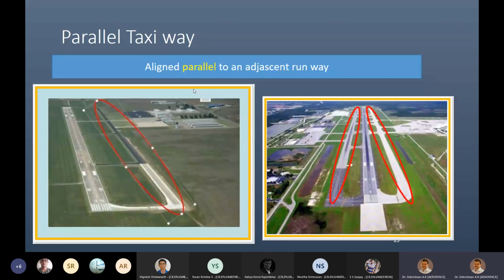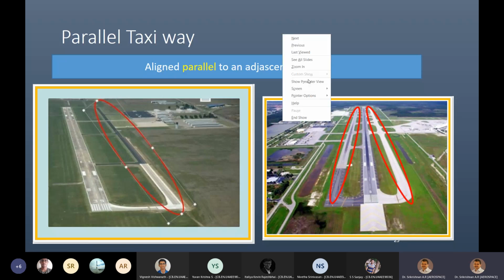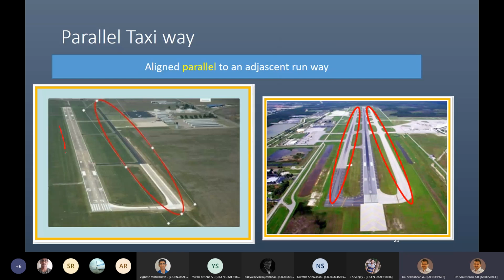As opposed to that, and as the name indicates, parallel taxiways are parallel to the runway. So I will start with the photograph on the left side. You can see the runway, and parallel to that, encircled here, you have the taxiway.